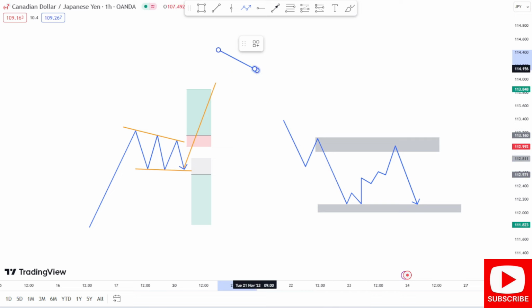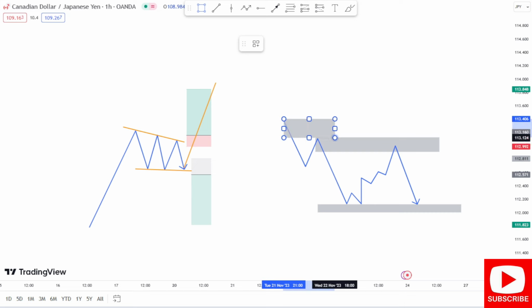One thing about supply and demand is that when there is a sharp move, the candle that formed at the tip of that sharp move is going to be our supply zone. Right now, for instance, this place right here is our supply zone, but it is already taken, creating another sharp move down.